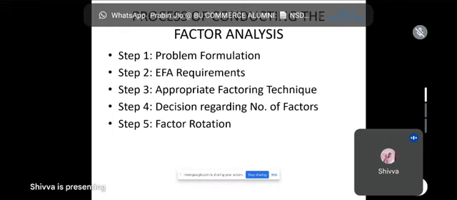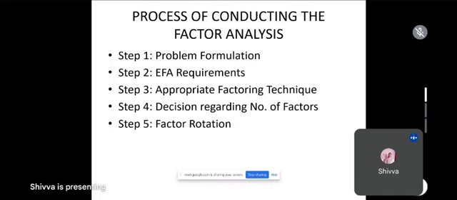Then next, EFA requirements. What are the EFA requirements you need? What are the conceptual variables you are trying to include in your conceptual framework? Then use the factor techniques, and when you run the factor analysis, you automatically come to a decision regarding the number of factors, and the last is the factor rotation.